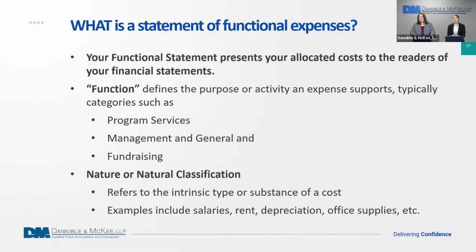So, obviously as a nonprofit organization, your main goal is to provide program services. You may have one main program service, or you could have multiple ones that would be meaningful to disclose in the functional statement. The two remaining ones are management and general and fundraising, and those are your supporting services to the program services.